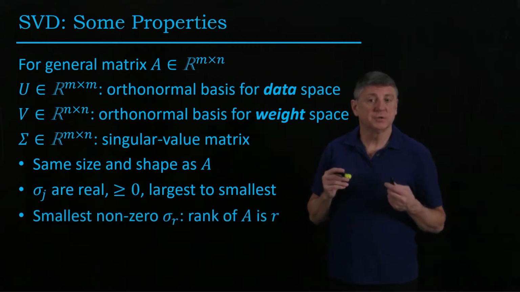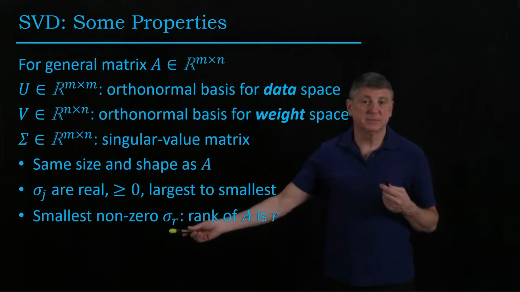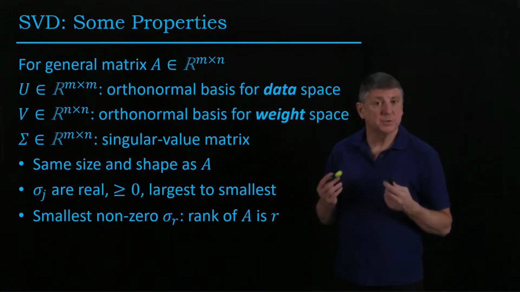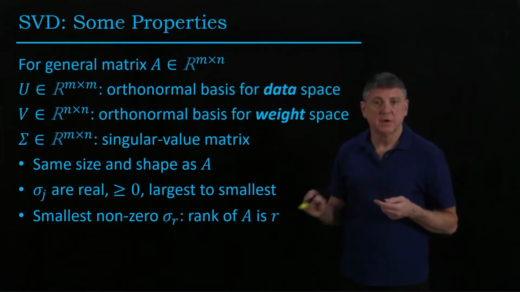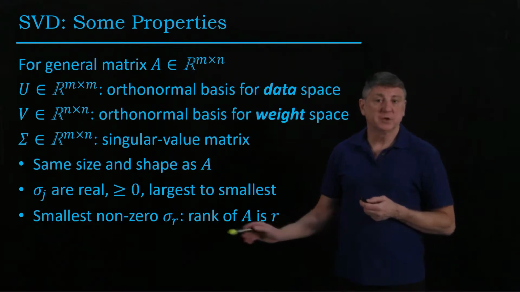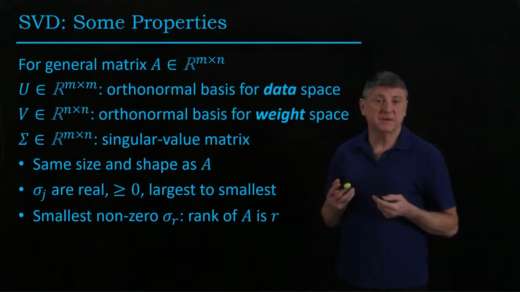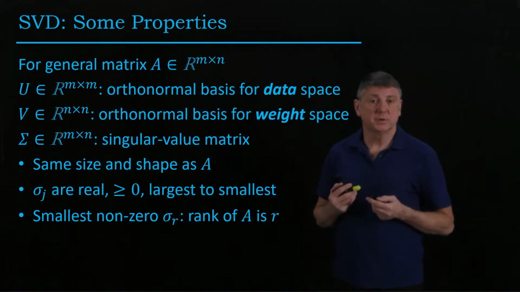The smallest non-zero, if we say that's sigma sub r, indicates that the rank of A is r. And as we explored earlier in this session, we can talk about the mathematical rank, which is this definition, or we can talk about the effective rank, which is what we numerically expect to get.